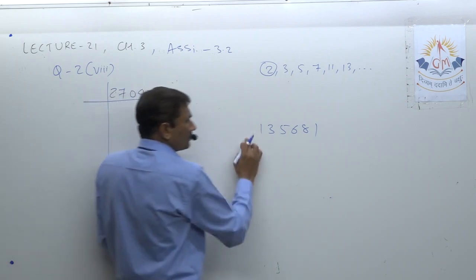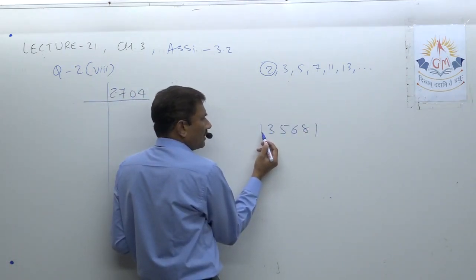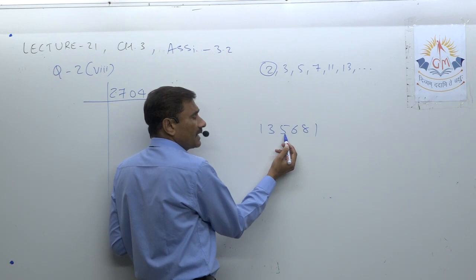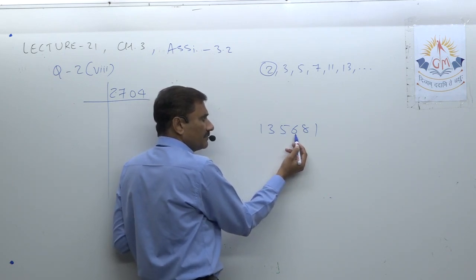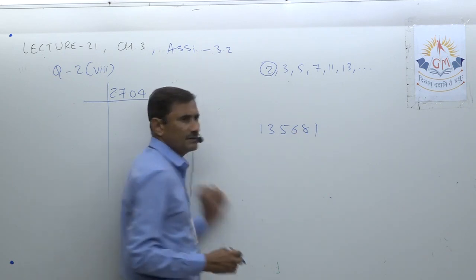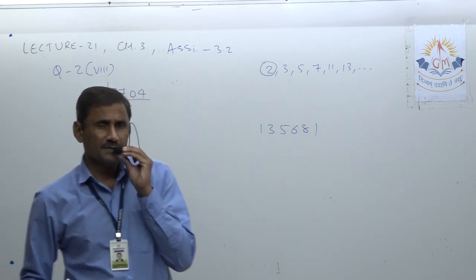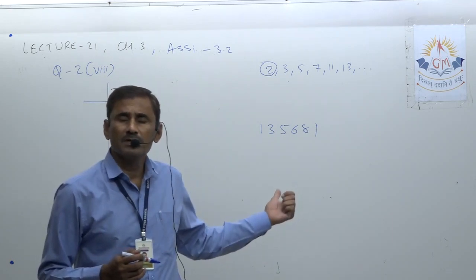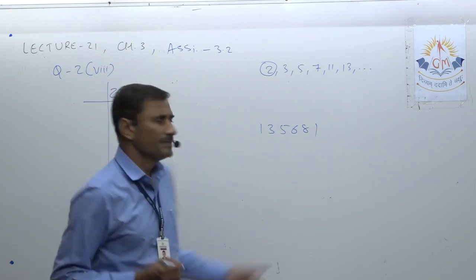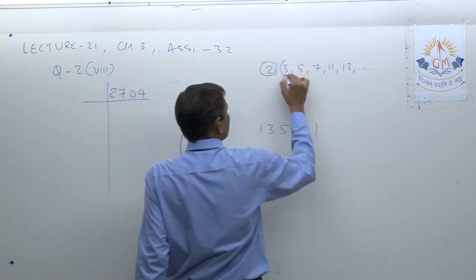I do not want to divide here, just make the total. 1 plus 3, 4, 4 plus 5, 9. 9 plus 6, 15, 15 plus 8, 23, plus 1, 24. So the total is 24. Now 24 is divisible by 3, so the number is divisible by 3.